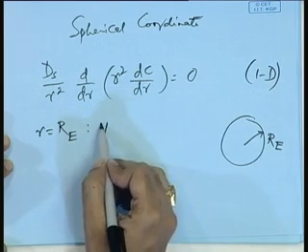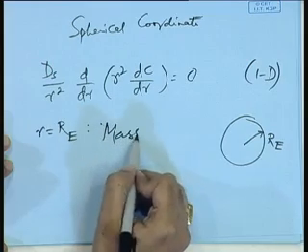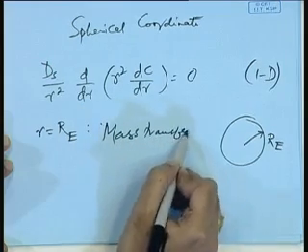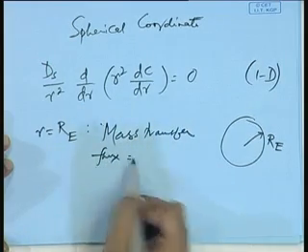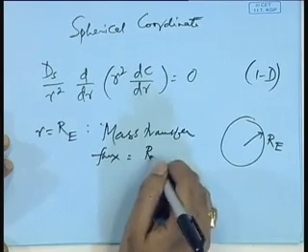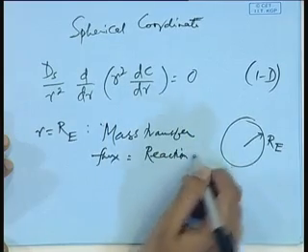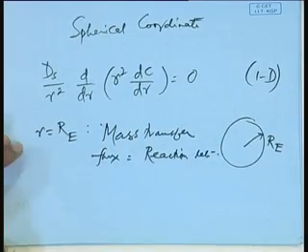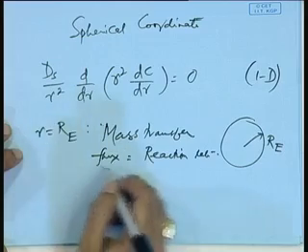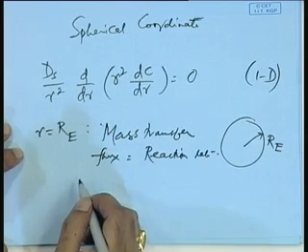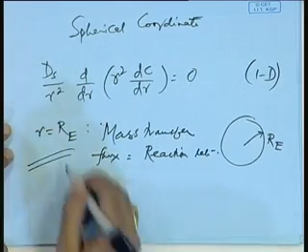Very good, yeah. Mass transfer flux equals reaction rate. So what is your mass transfer? Diffusion flux. Mass transfer flux is the same as diffusion flux. So what is it going to be?